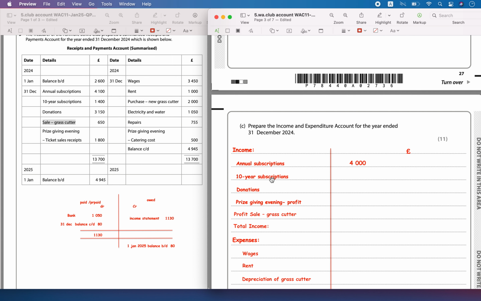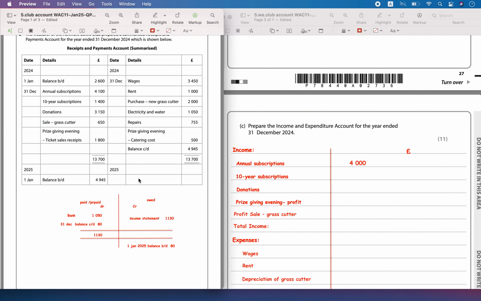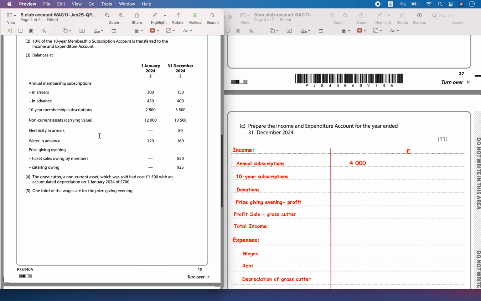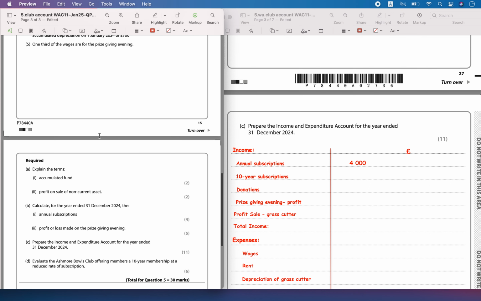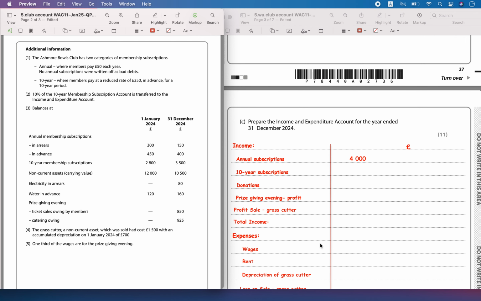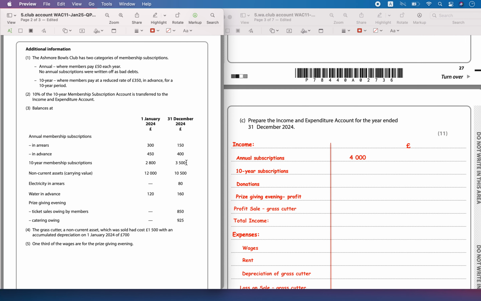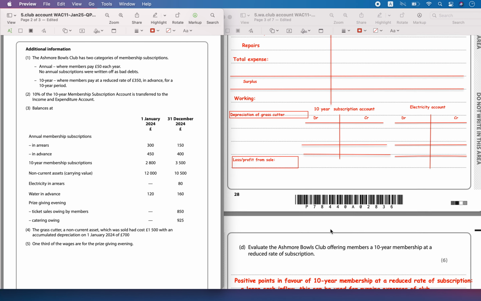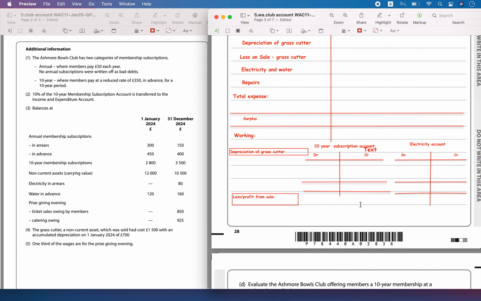Then there was 10-year subscriptions. Let's prepare the account for this also. At the beginning there was 2,800, and in December it had become 3,500.